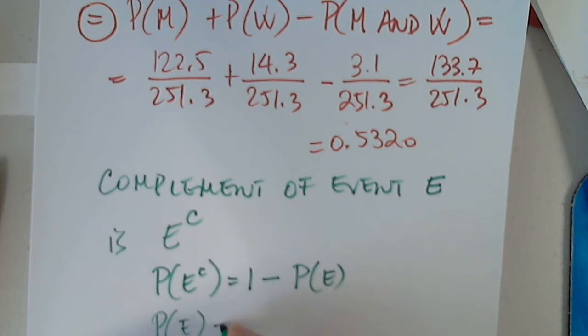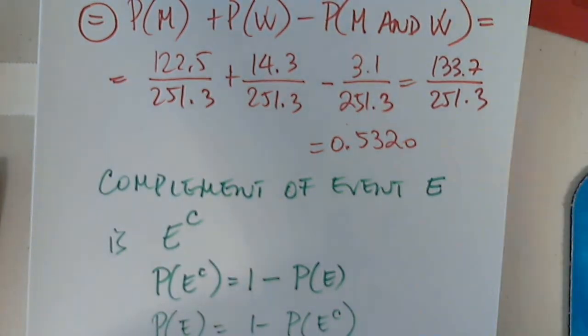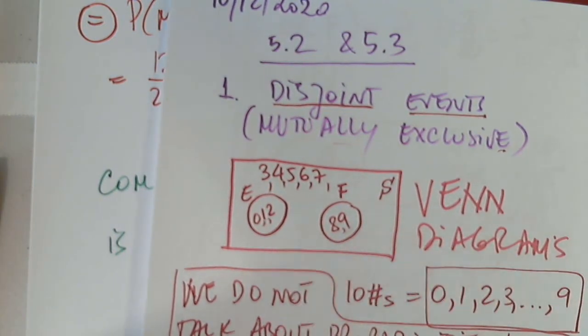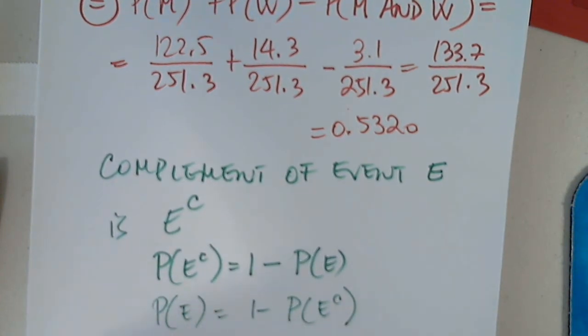Probability of E is 1 minus the probability of E complement. And when I apply this to our first example with the Venn diagram to determine a couple of them, I then have 2 more examples for you in a minute.